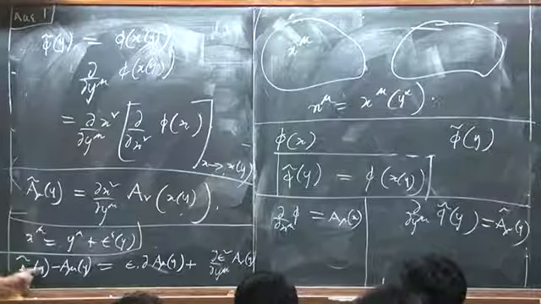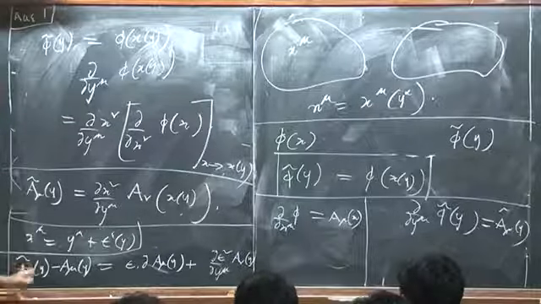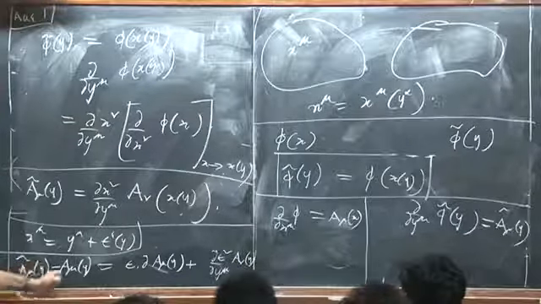Okay, to first order in epsilon, this is how the function a tilde of y is different from the function a of y.